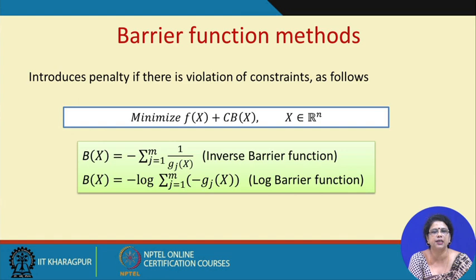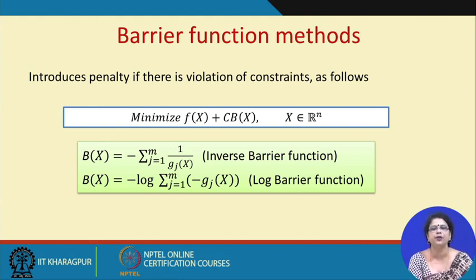Your feasible region is x greater than or equal to 5. For x equal to 6, the value of g is 5 minus 6, which is minus 1, and with the other minus in B(x), the penalty you need to incur is 1. For x equal to 7, the penalty you need to incur is 1 by 2, and so on.